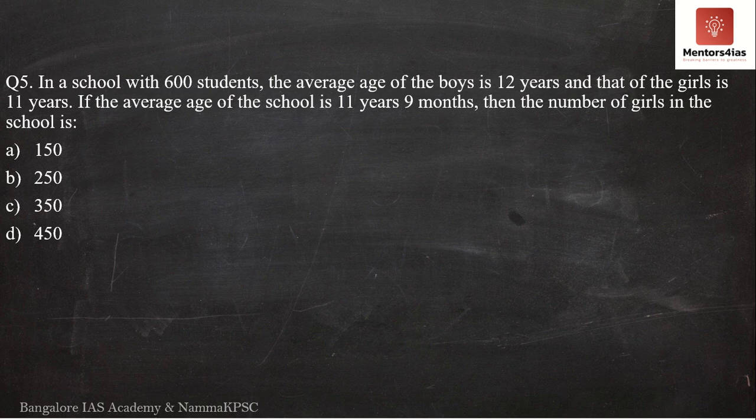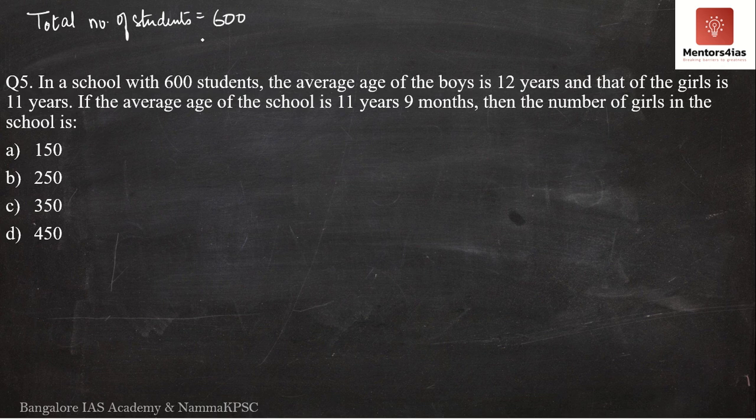So similar to the previous problem, we will take the same notations in this particular problem as well. The question is saying the total number of students is equal to 600.